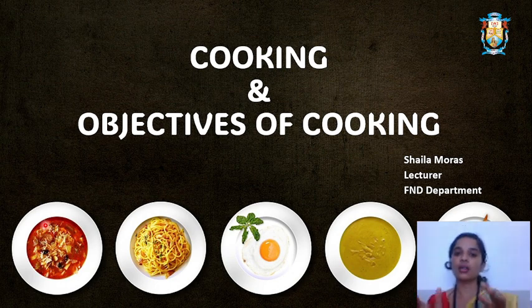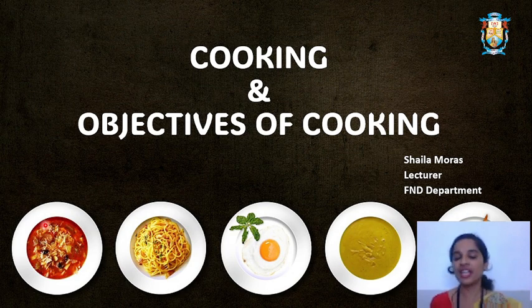In the moist heat method, foods are cooked using water or steam as a medium of cooking, and in the dry heat method, dry air or fat is used as the cooking medium. Under moist heat method, we classify boiling, simmering, stewing, pressure cooking, steaming, etc.